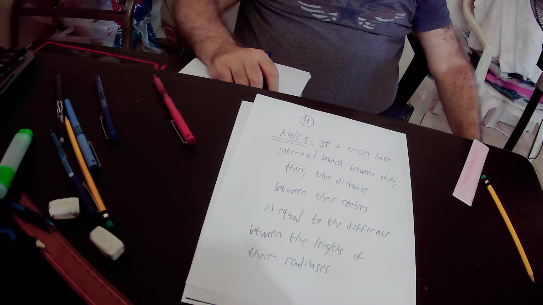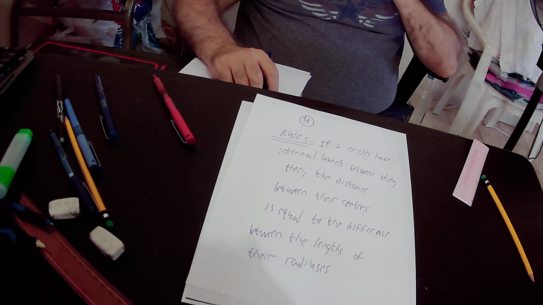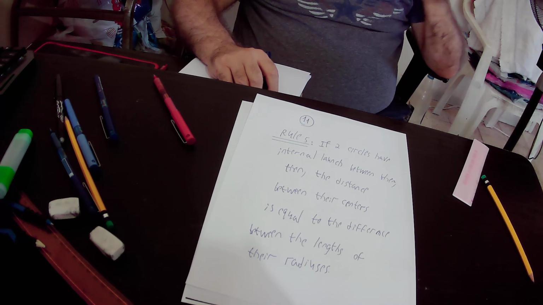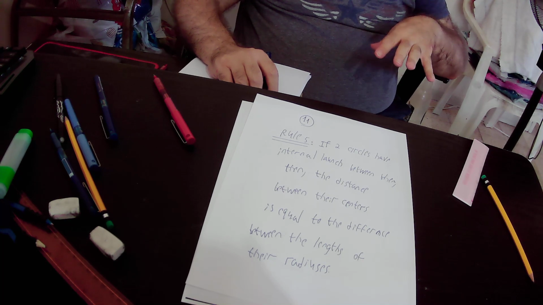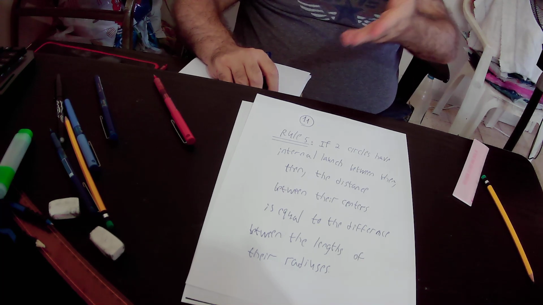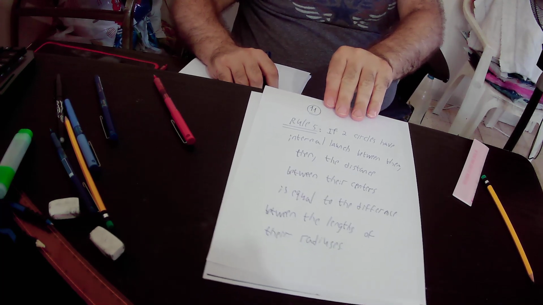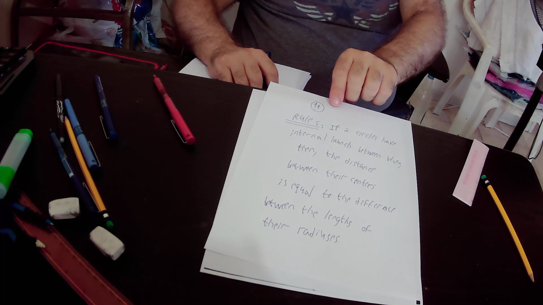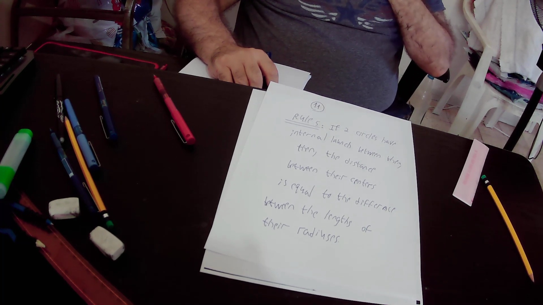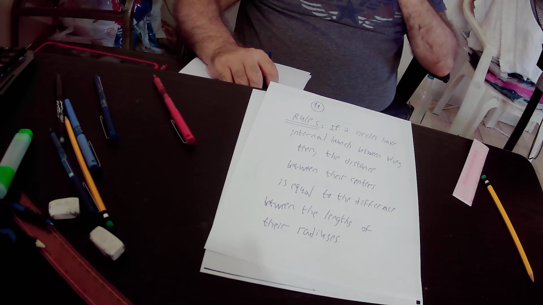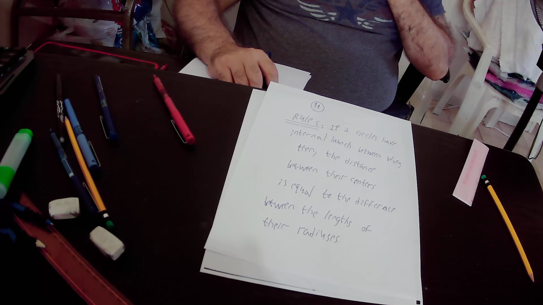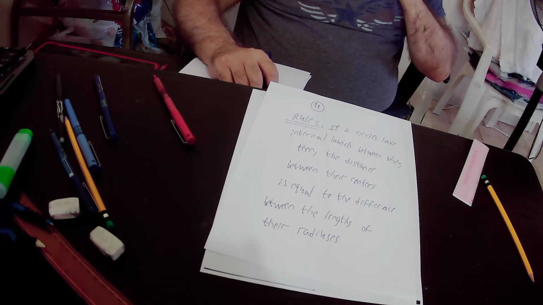Okay? So whenever we have two circles that touch each other internally, like in our example, then the distance between their centers will be the difference between their radiuses.